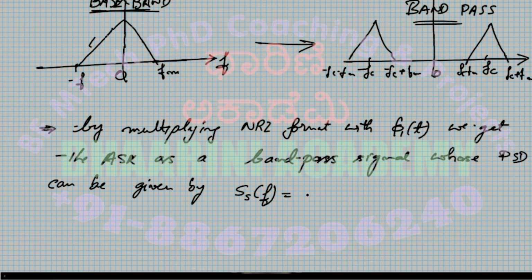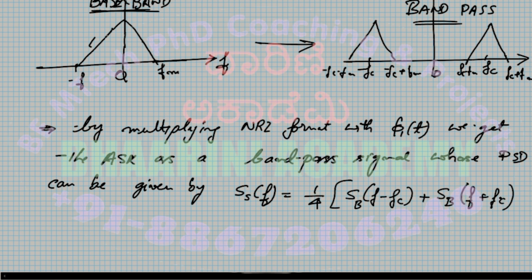You see, I try to write using the standard format. Since there is a sinc square, actually this becomes 1 by 4 times SB of F minus FC, one component getting shifted to right, and another component, that is SB of F plus FC.